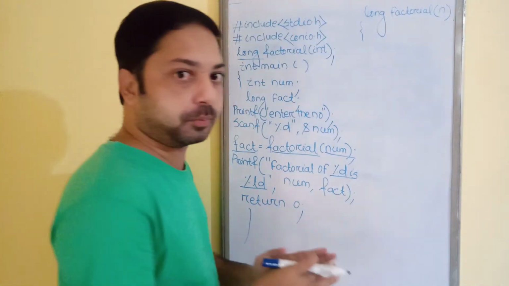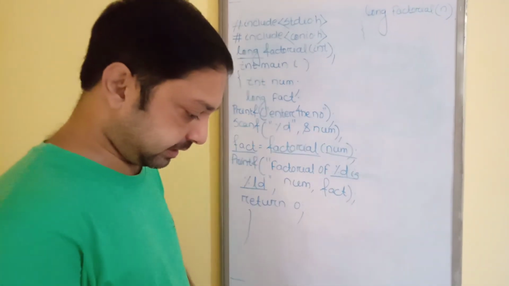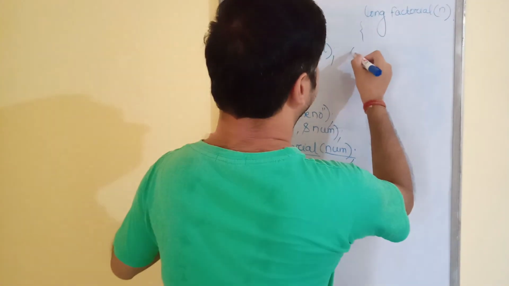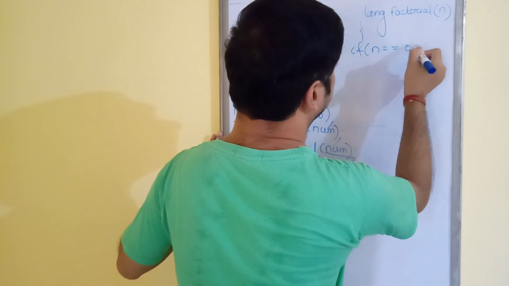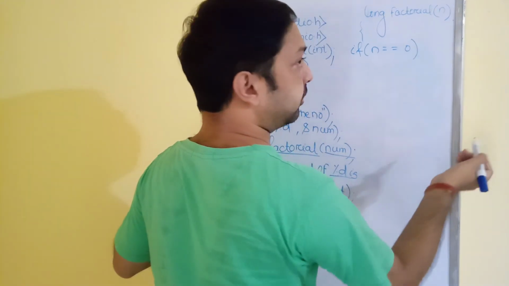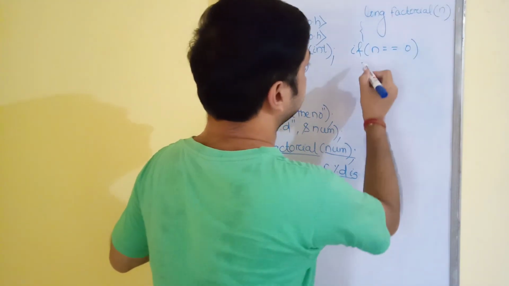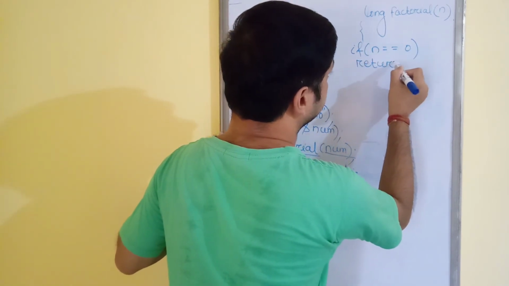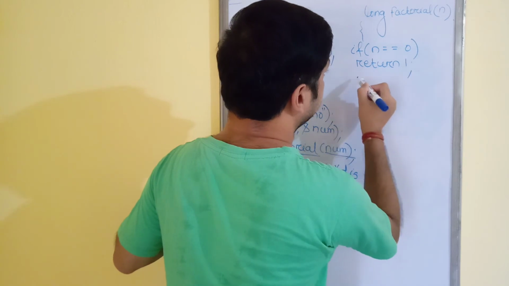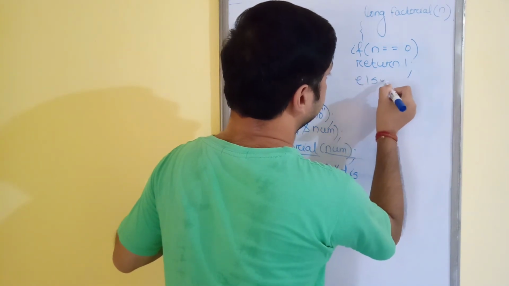Now I need to put the terminating condition. What will be the terminating condition? That is if n equals 0. That means if the number is 0, and we know that 0 factorial is 1, it will return 1. Else, what does it return?